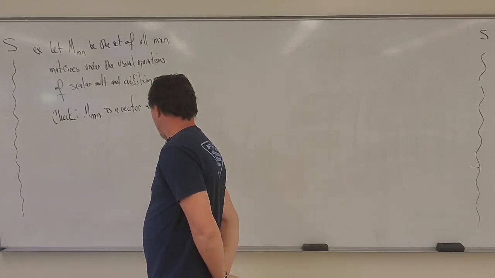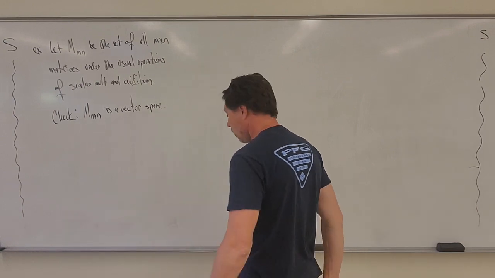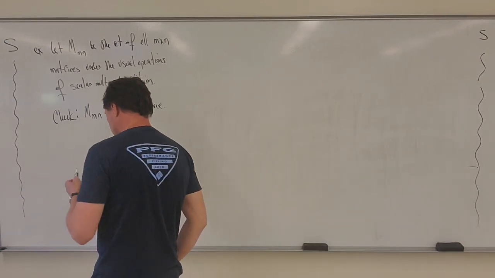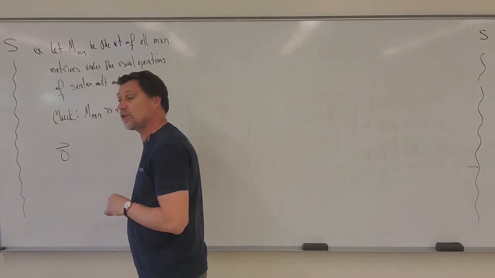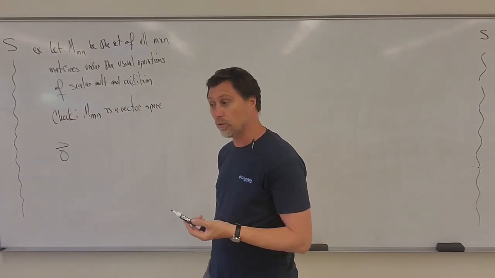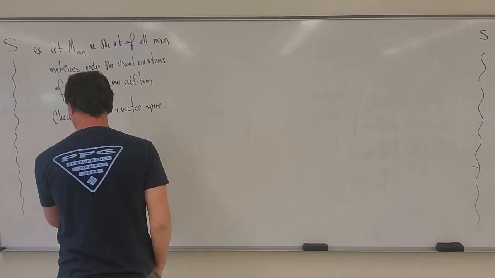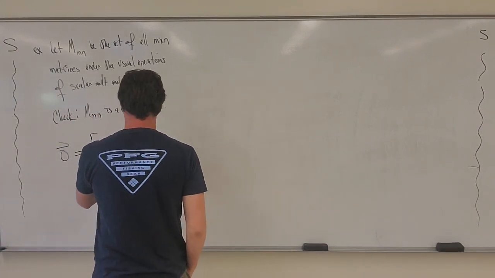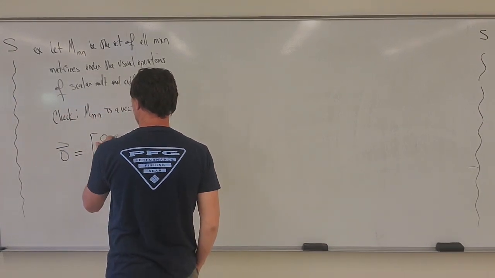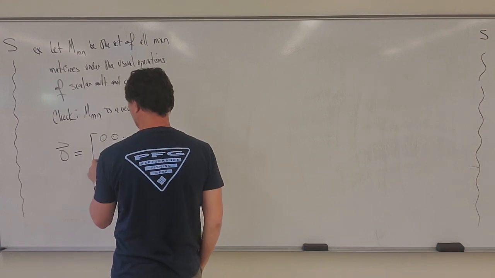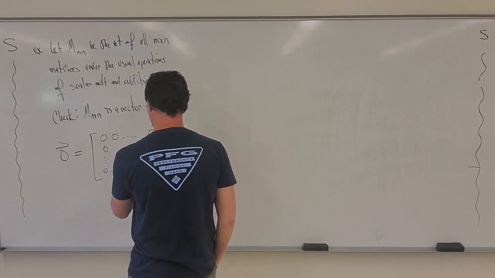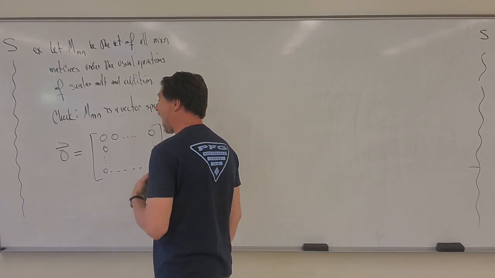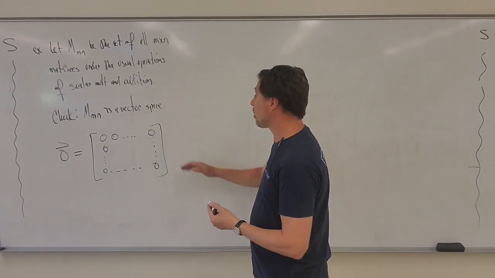What else do we have? Oh, the zero matrix. This is one that we should mention. So in M sub m by n, when we write 0, with a bold-faced 0 in the book or an arrow over for me, what we mean is the matrix that has zeros everywhere, right? So the additive identity is the zero matrix.